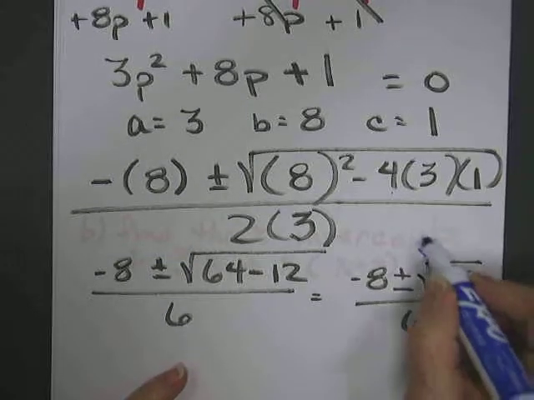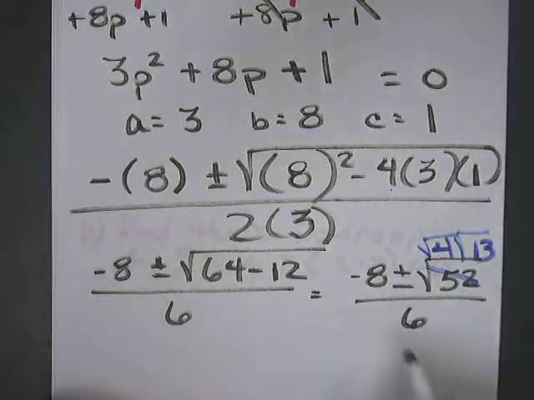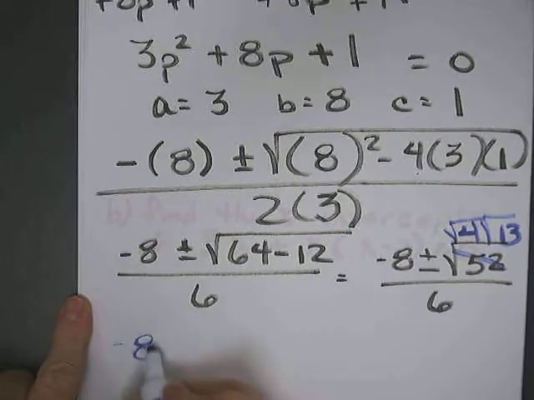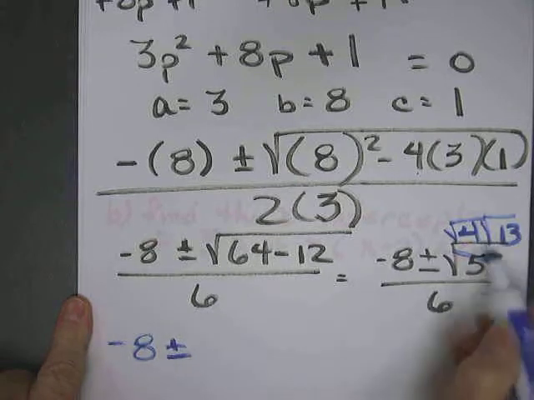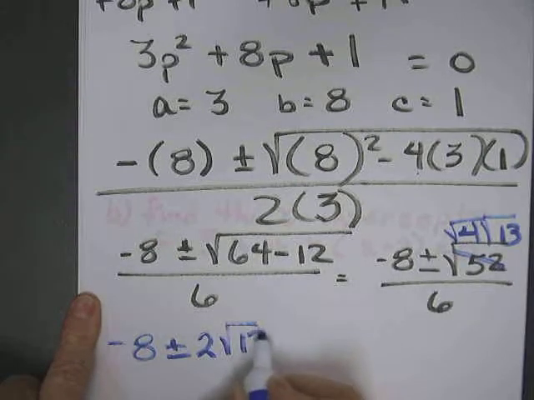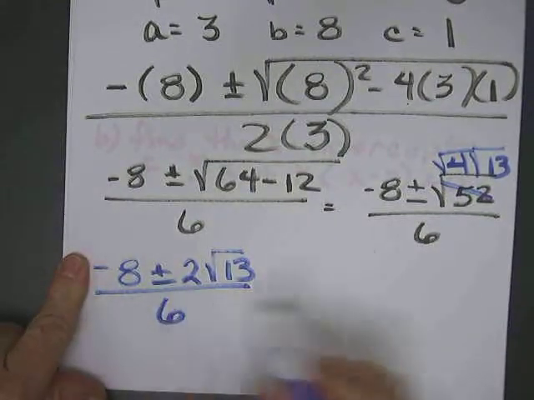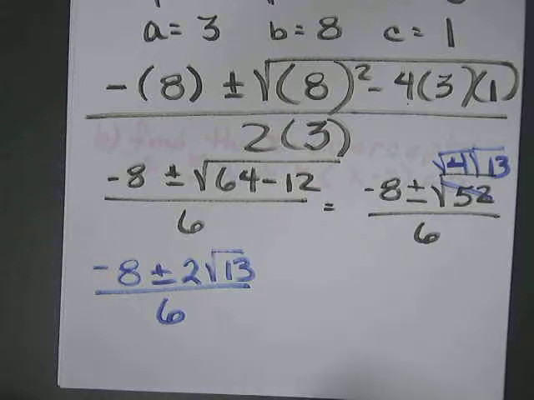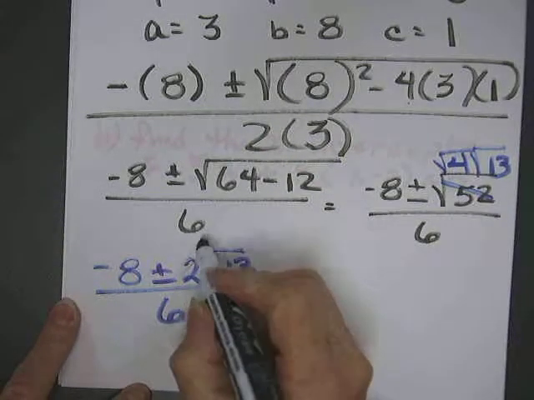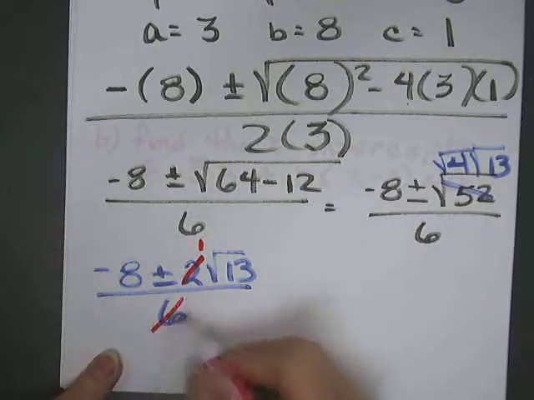Does 52 divide by a perfect square? 13 is not a perfect square. 4 is, yes. Okay, so we have negative 8 plus or minus the square root of 4, which is 2. Can we reduce that?